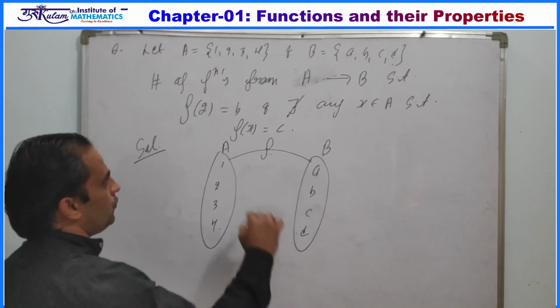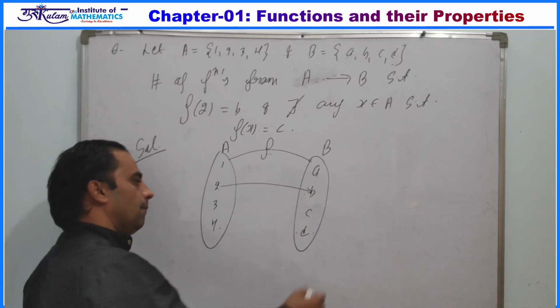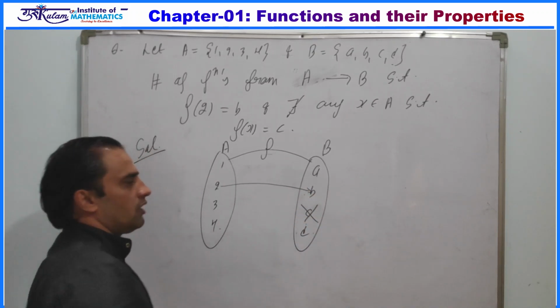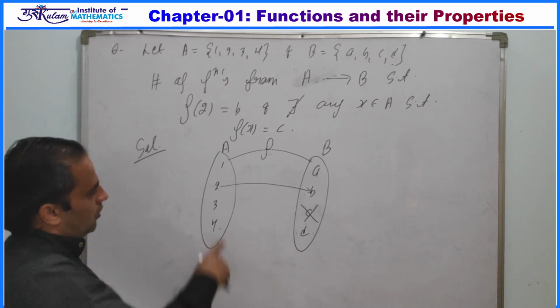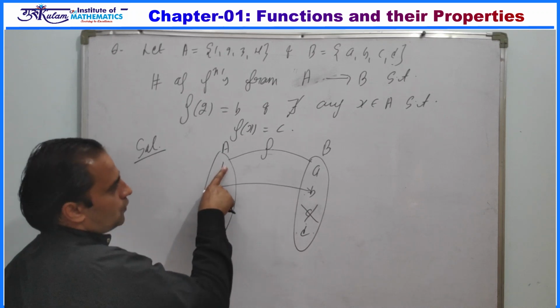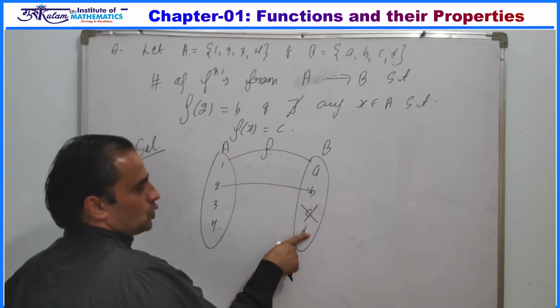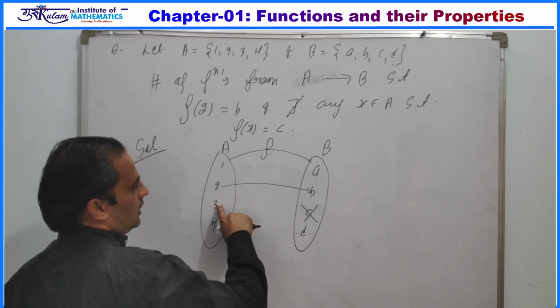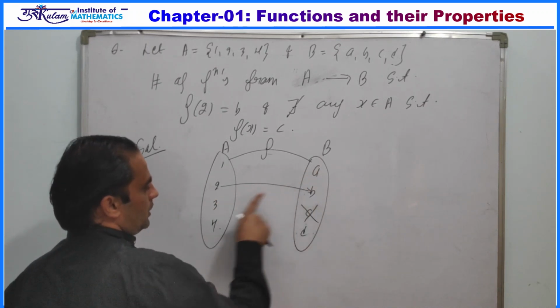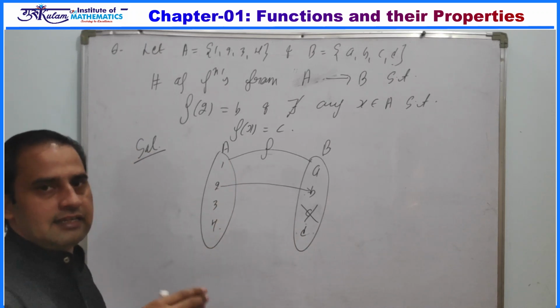Now the image of 2 is already fixed, it maps to b, and the pre-image of c does not exist. So now we have to find the images of 1, 3 and 4. So 1 can map to a, 1 can map to b or 1 can map to d. And similarly 3 can map to a, b or d. So for each of these elements there are exactly 3 choices.